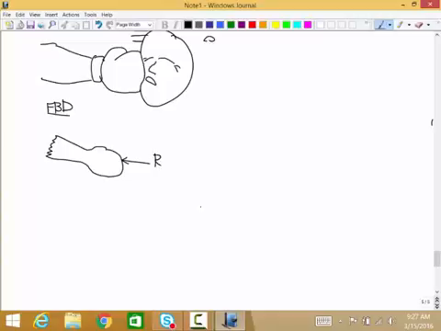There's a force R applied to the glove. That's exactly equal and opposite to the force applied to the face by the glove. It's a totally factually true statement.